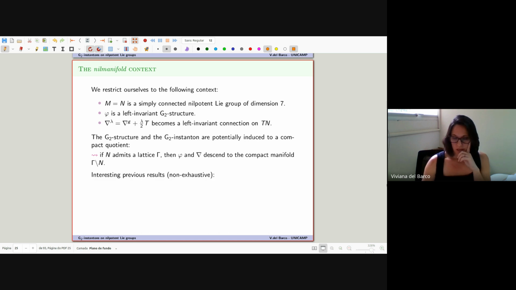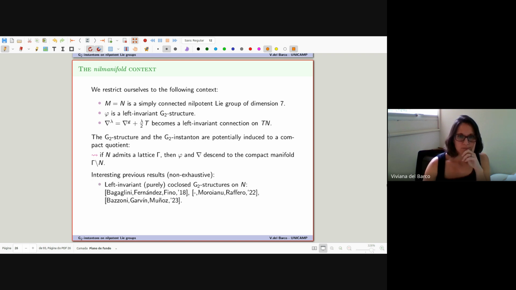So I will mention a list of non-exhaustive interesting results that will be around the talk. First of all, some people studied left-invariant coclosed G2 structures on nilpotent groups.